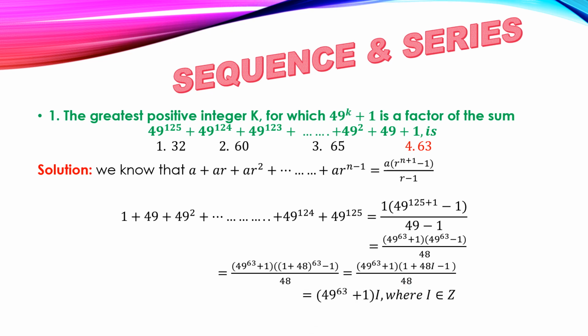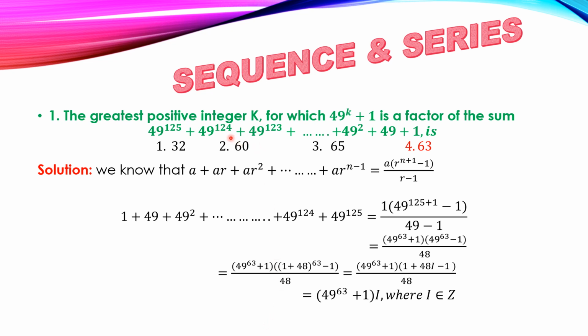Here we observe that in this, 1 and 1 cancel, leaving 48I by 48. So the 48 cancels in numerator and denominator, and that equals (49^63 + 1) into I. So here we observe that 49^63 + 1 is a factor of the sum.